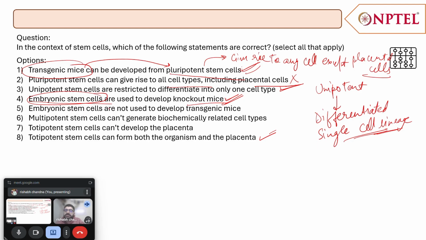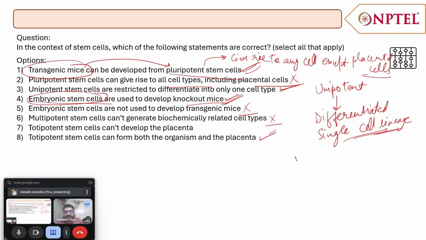Embryonic stem cells are not used to develop transgenic mice. This is false, because embryonic stem cells can be used to generate transgenic mice because they are pluripotent in nature. Multipotent stem cells can't generate biochemically related cell types. No, this is false.